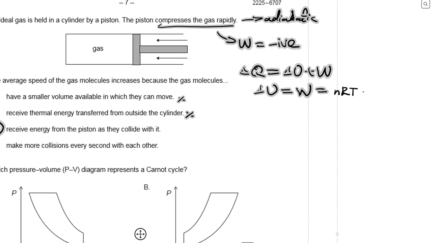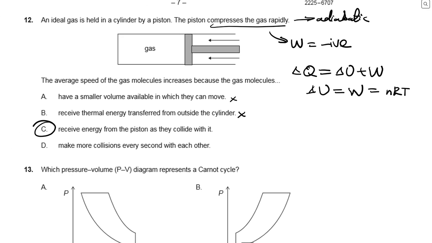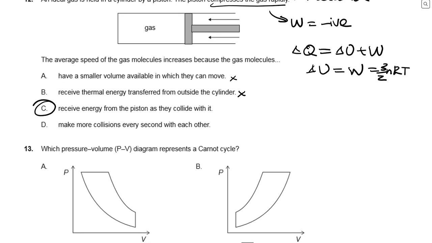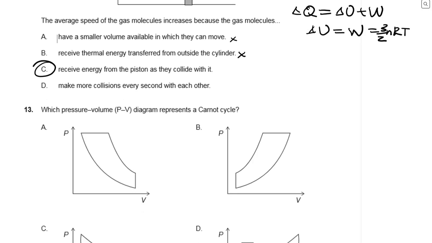Sorry, internal energy should be 3 over 2 nRT. And next is make more collisions every second with each other. That might increase your individual kinetic energy, but your average speed of molecules does not increase. The average stays the same, right?